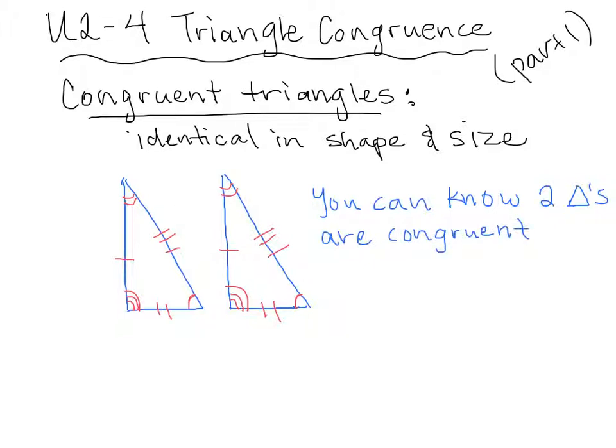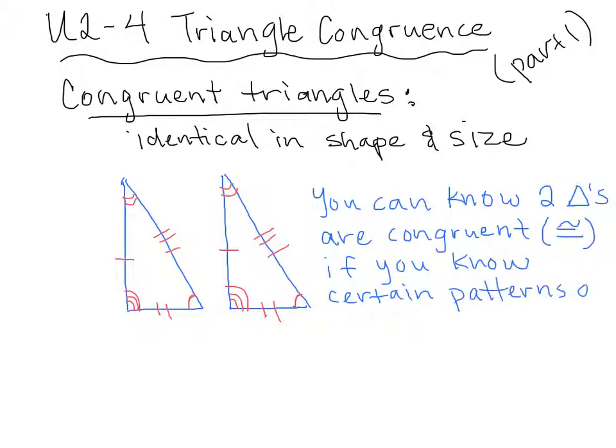Now here's the congruent symbol. We'll use this starting tomorrow. It's like an equal sign with a little squiggly on top. So you can know that two triangles are congruent if you know certain patterns of angles and/or sides are congruent.